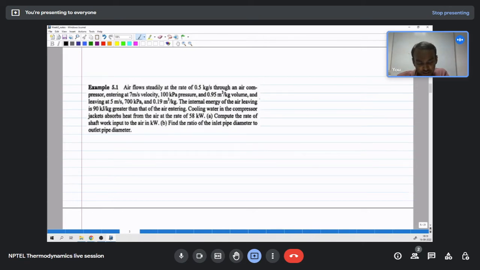The internal energy of air leaving is 90 kilojoules per kg greater than that of air entering. The cooling water in the compressor jacket absorbs heat from the air at a rate of 58 kilowatt. Compute the rate of shaft work input to the air in kilowatt, and then find the ratio of the inlet pipe diameter to the outlet pipe diameter.